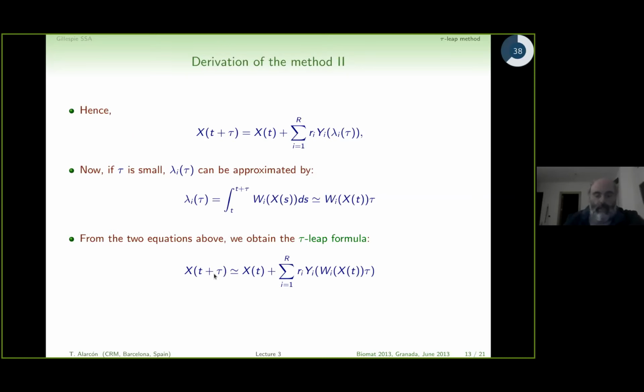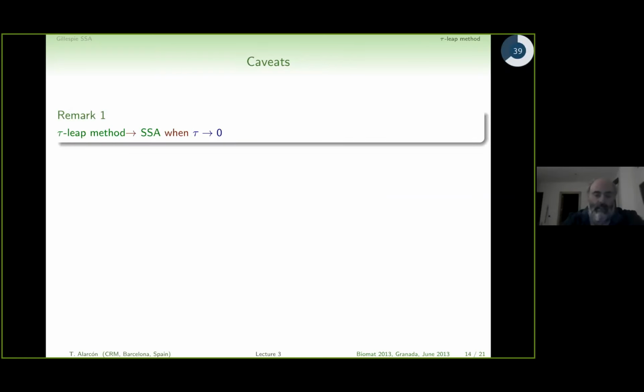Now the trick here is that I haven't told you how to choose this tau, so that this could work. And this is kind of the meat of the method.